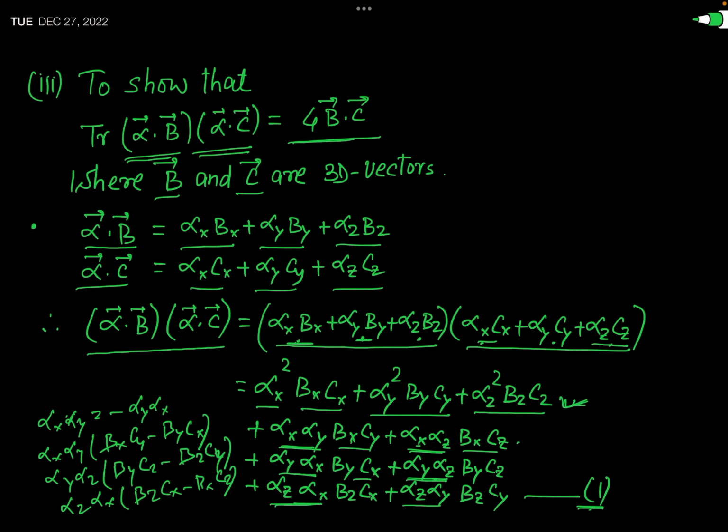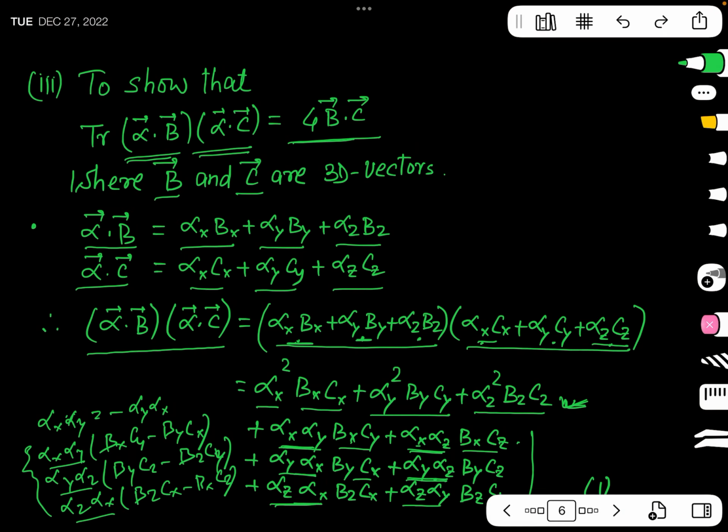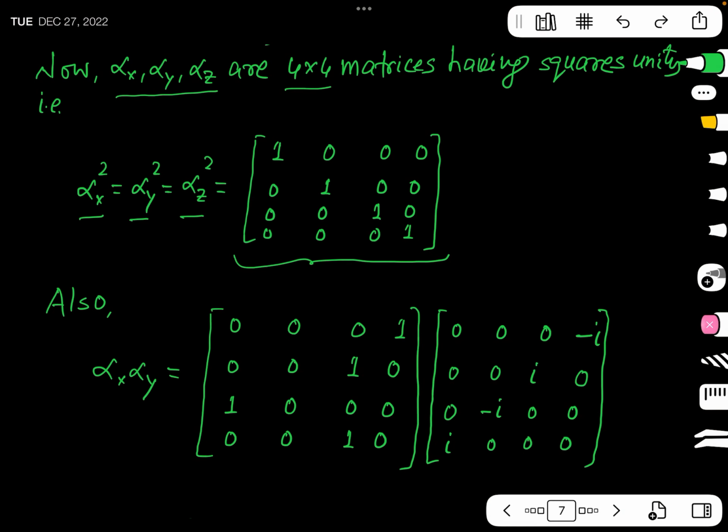So you can think that in this equation there are 9 terms, but apart from the first 3 terms there are 6 terms, and when we take these common factors, those become 3 terms. So we have to evaluate alpha x alpha y, alpha y alpha z, alpha z alpha x, and that is why I am trying to evaluate those matrices.